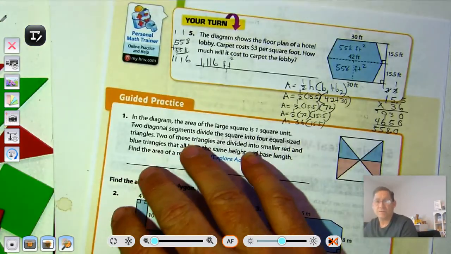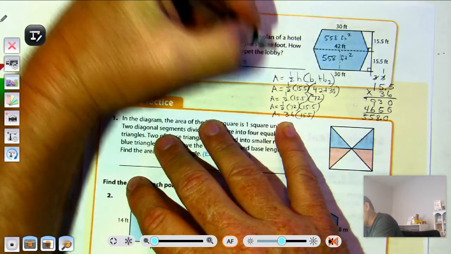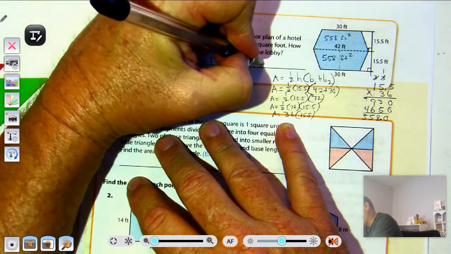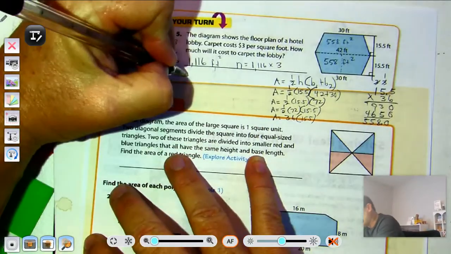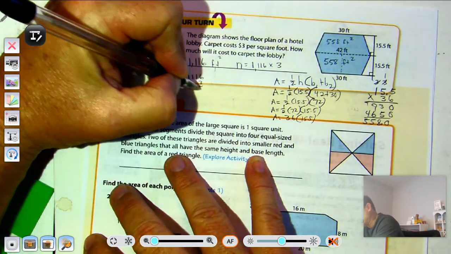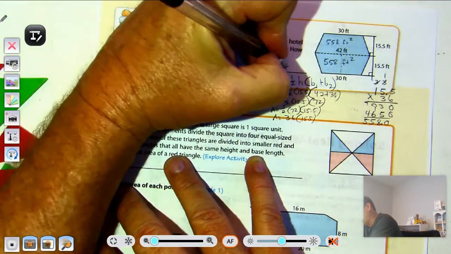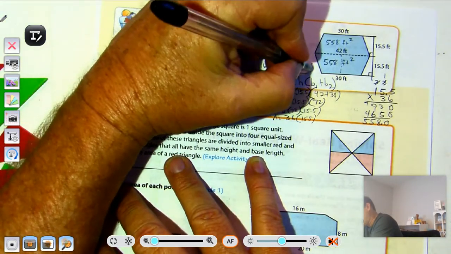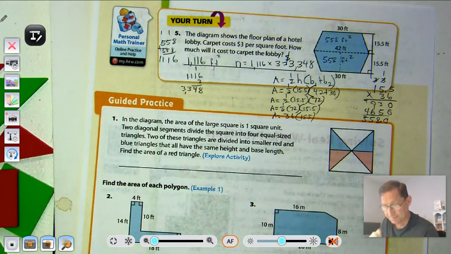And now we need to multiply that by $3. So N equals 1,116 times 3. $3,348.